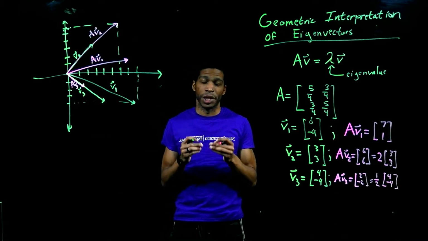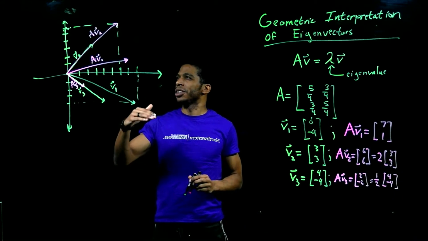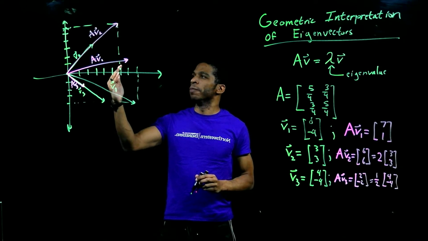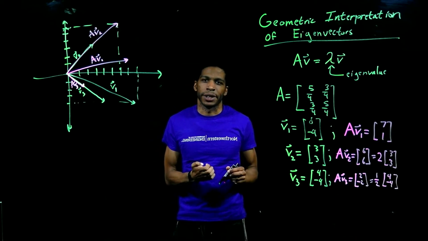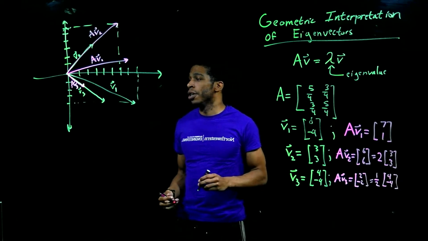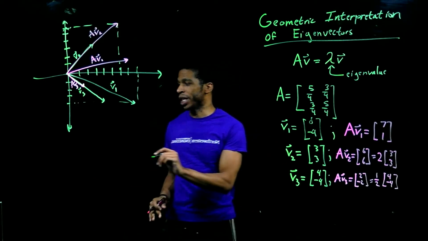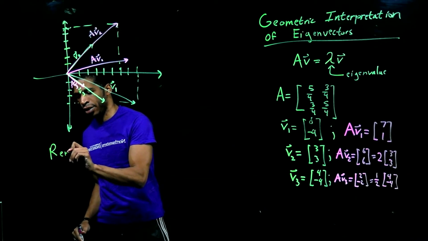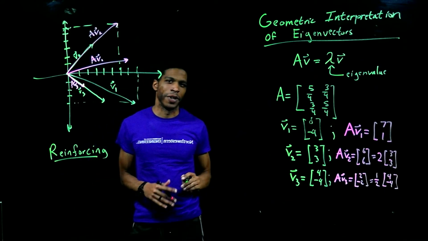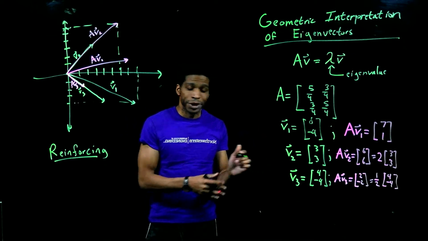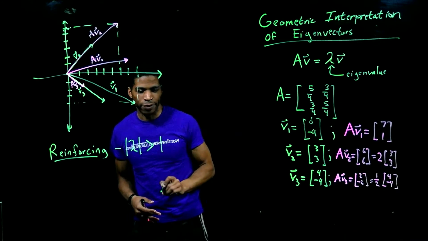And we can see something even deeper here. We can see that the vector V1 starts to rotate into the direction of V2. Well, let's wonder why that's the case. There are two types of eigenvectors. There are reinforcing eigenvectors, where the magnitude of their eigenvalue is greater than 1.